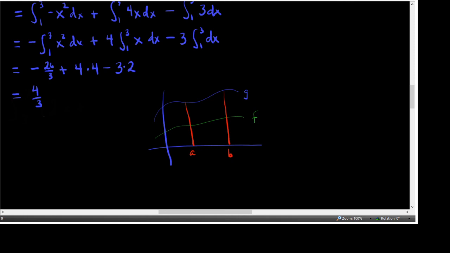If f and g are both continuous on a closed interval from a to b, and from a to b it's clear that this statement is true, that 0 is less than or equal to all function outputs, so f of x is non-negative, or no, it can be 0, my bad, which is less than or equal to g of x.